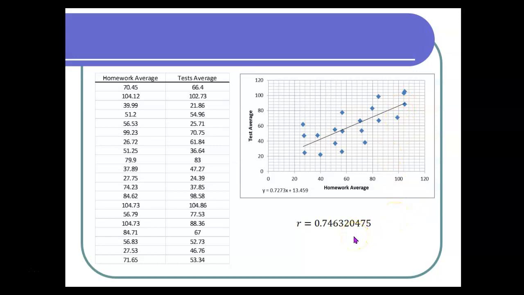That's something called the correlation coefficient. And I will come back and explain more about that in a little while here. But basically, the closer that is to 1, the more perfectly the dots line up in a straight line. So here, the correlation coefficient is 0.746, which is pretty good, but not perfect, not real good.